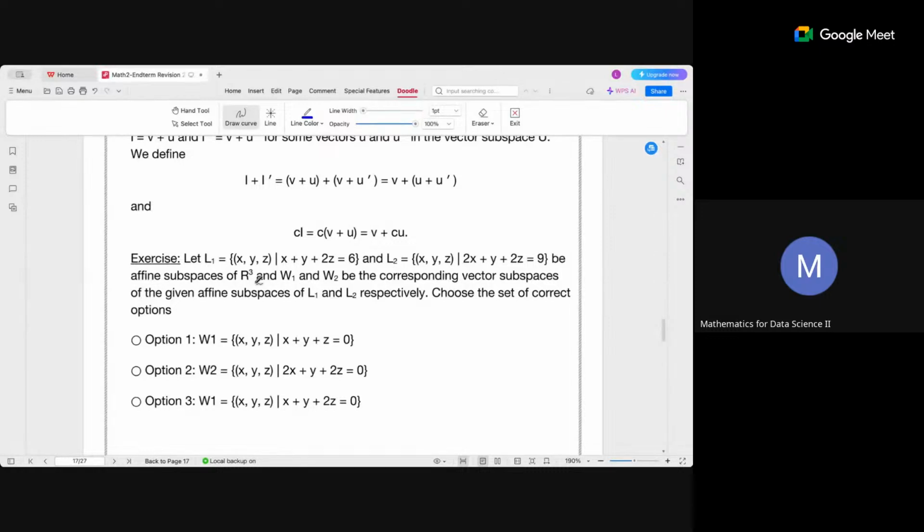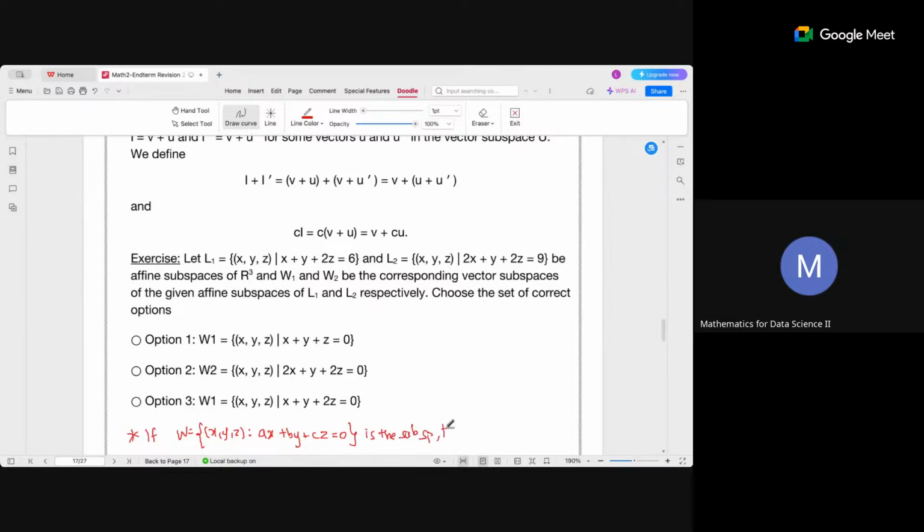Okay, so here are two affine spaces. L1 is this and L2 is this. It is given that W1, W2 are the corresponding vector subspaces of L1 and L2. So how do you find W1 and W2? Here you should remember that W equal to the set of all x, y, z such that ax plus by plus cz is equal to 0 is the subspace.